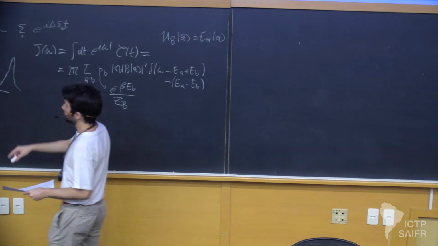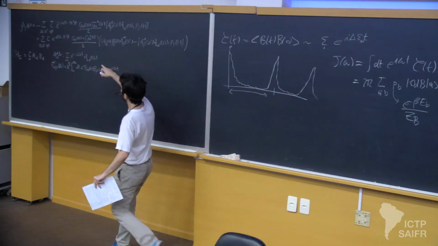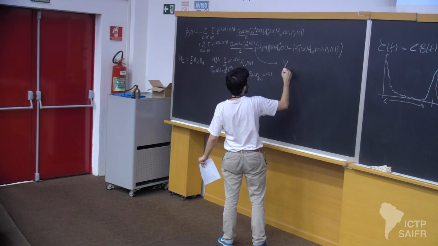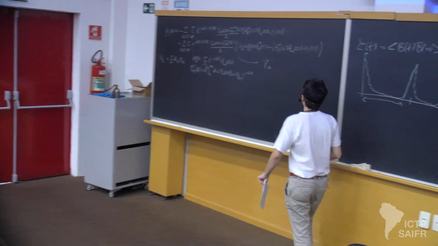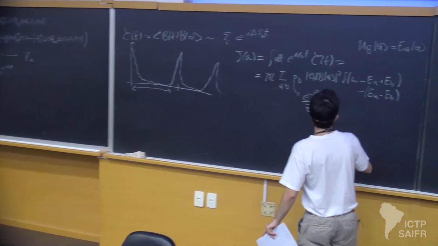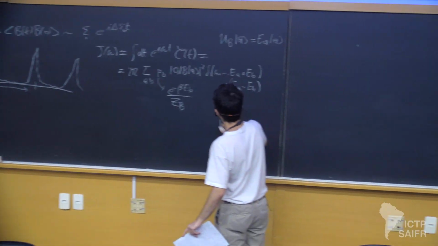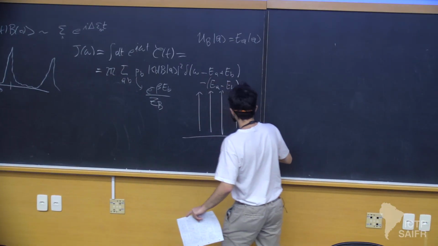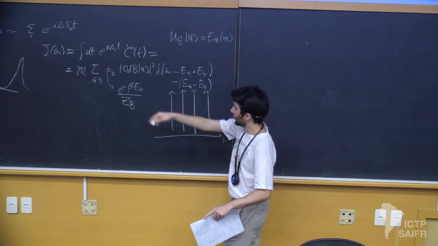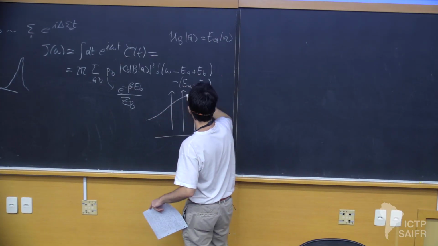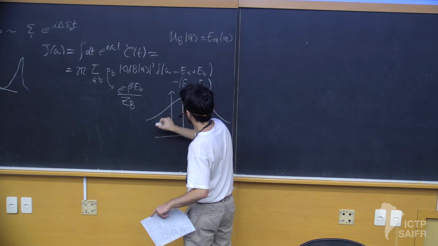So these gammas, right, define a set of decay rates, and what I want is that these energies are a set of delta functions, and the gamma is going to appear something like this.